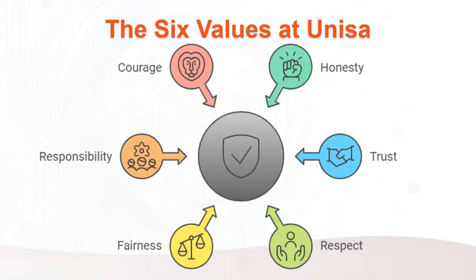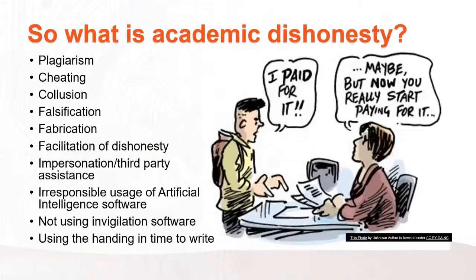And lastly, there's also courage. And that is to stand up for integrity, even when it is difficult. Things like speaking out against dishonesty in group work when you're working with others, or when you encounter nefarious people who are trying to write your exams for you. That is the values of academic integrity.